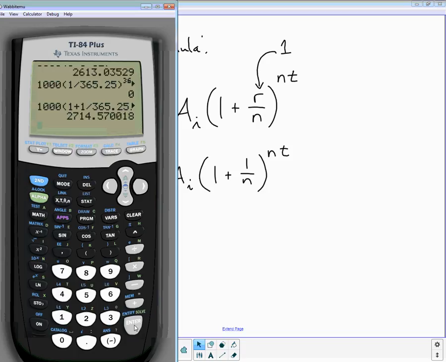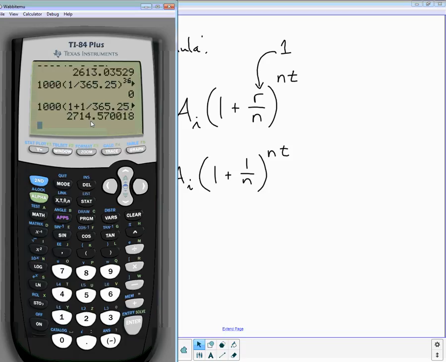And then we went all the way to 365. And notice, we didn't gain a heck of a lot by going from month, $2,613, to a year, $2,714. So it's almost kind of like the law of diminishing returns. Yeah, they got a little bit more money, but not a heck of a lot of money, you know?